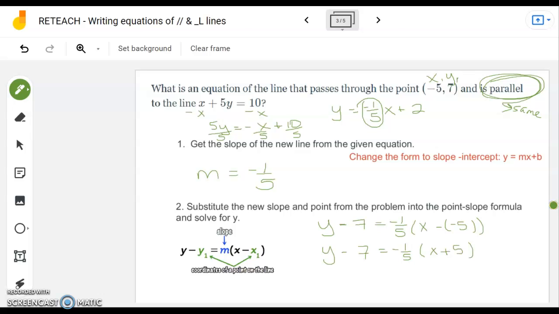I do need to distribute that -1/5, so everybody gets multiplied in the parentheses by -1/5. So I get y minus 7 equals -1/5 x, and -1/5 times 5 is -1.